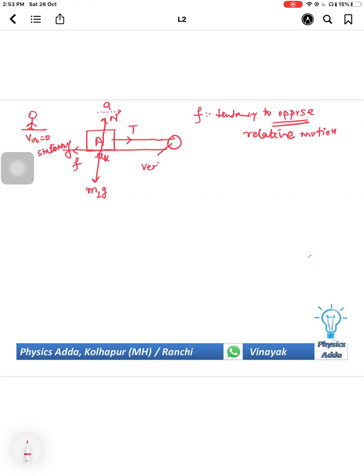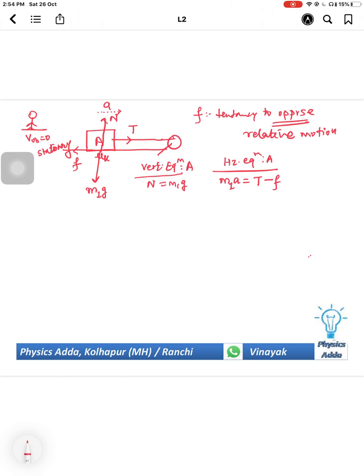Now if I take vertical equilibrium, then N will be equal to m1g. If I take horizontal equilibrium on block A, then m1a is equal to the force towards the right, in the direction of motion, that is T, minus the frictional force F to the left.